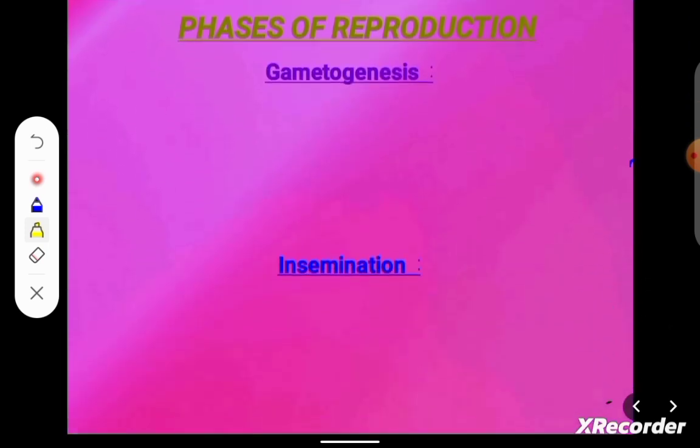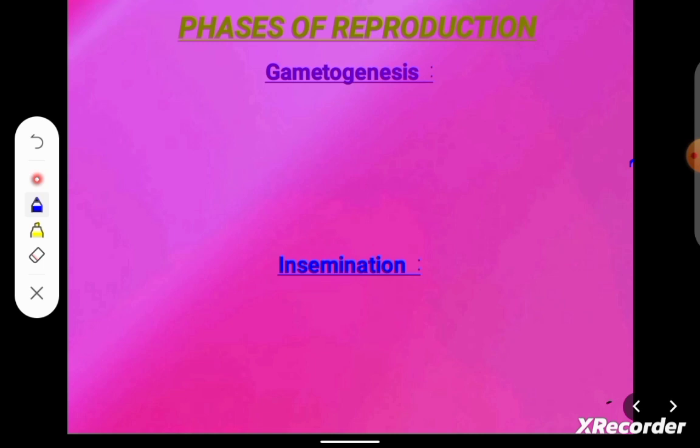Next, what's there for us? The phases of reproduction. The first phase is gametogenesis. If we break this term, gameto gives us gametes, and genesis means generation, that is the generation of gametes.